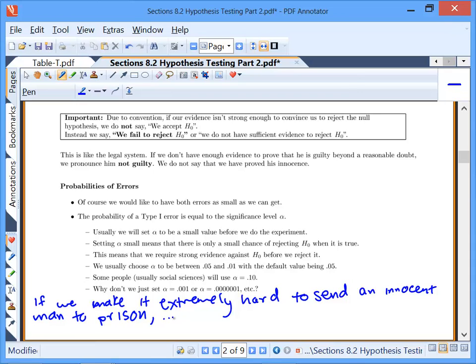If we set that probability of type 1 error really, really small, a lot of guilty men go free. When you think about it, if you make it really hard to convict someone, then a lot of guilty people go free. So if you make it really hard to reject a true null hypothesis, you're just making it really hard to reject the null hypothesis, which means that you're also not going to reject it when it should be rejected.